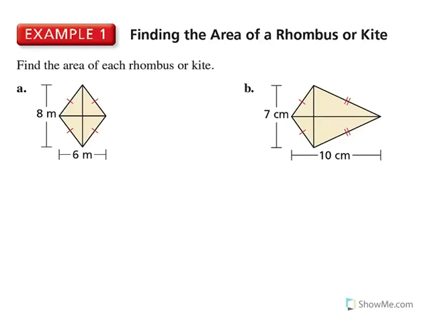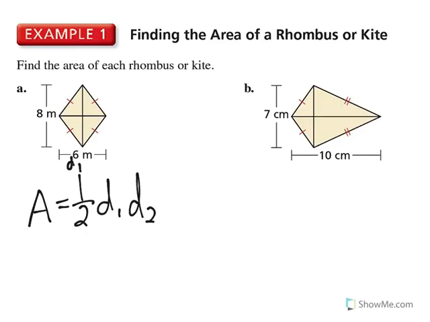So in this first example, we're going to look at area of both a rhombus and a kite. The first one, A, is a rhombus. Remember, a rhombus has all four sides equal. It just doesn't have the 90-degree angle. It's like a square tilted over. So we use the formula we just learned: area equals 1/2 d1 times d2, and it doesn't matter which one I use.